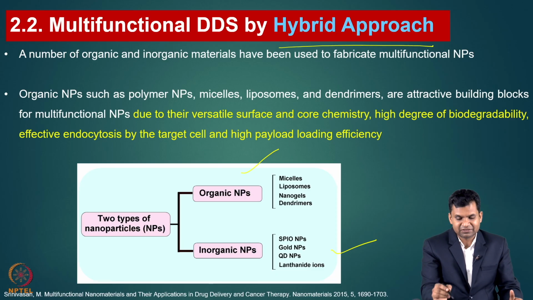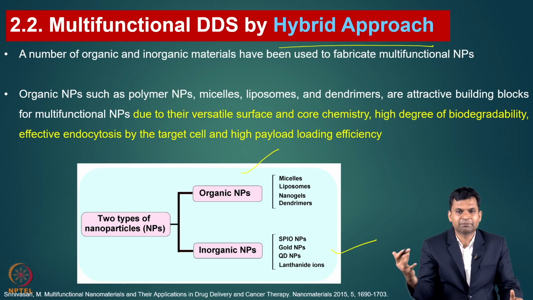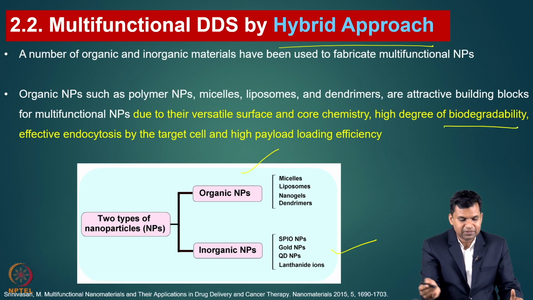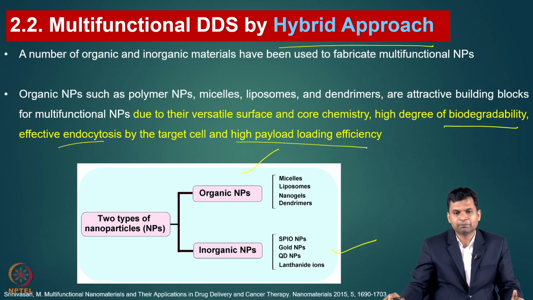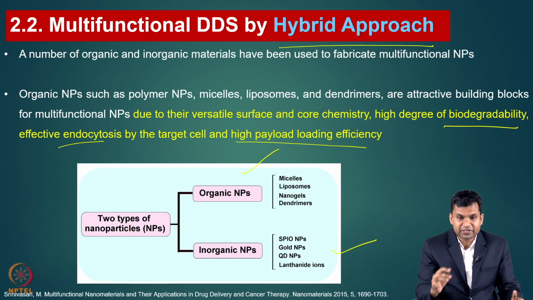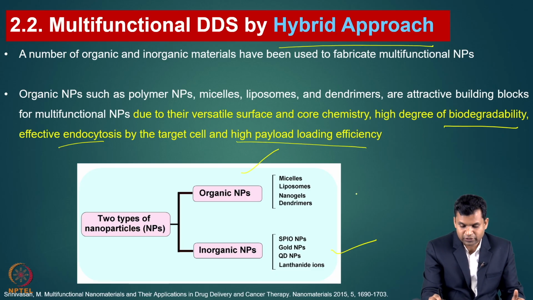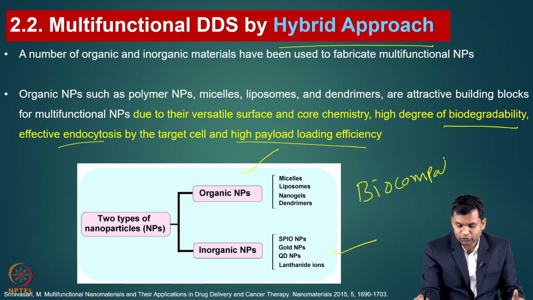Definitely that will give a high profile compared with a single type of nanosystem. With this you can improve the biodegradability, improve the endocytosis mechanism at the target site, and also improve the high amount of drug loading. And yes, with this combination you can also improve the biocompatibility of your drug delivery systems.